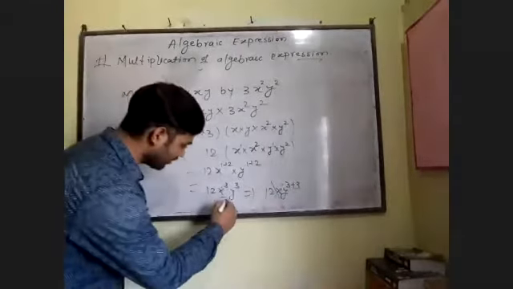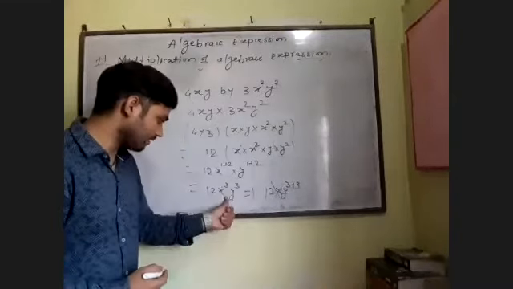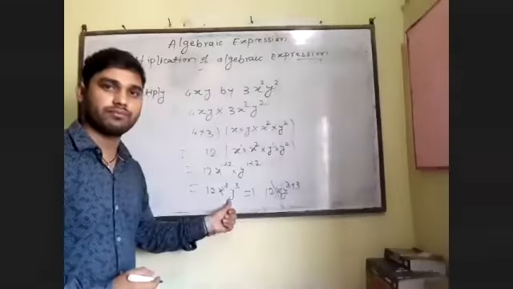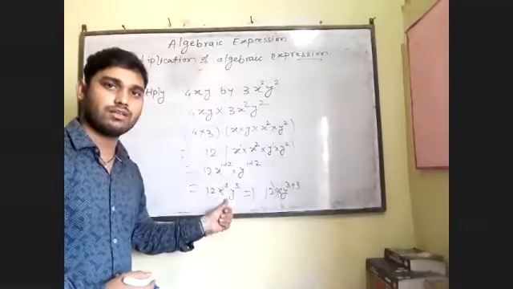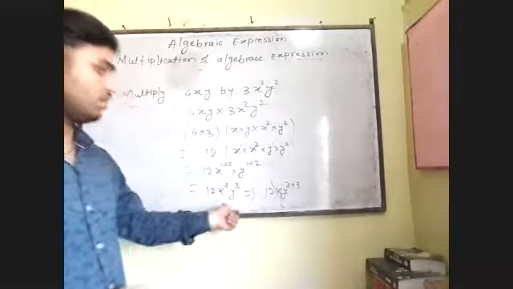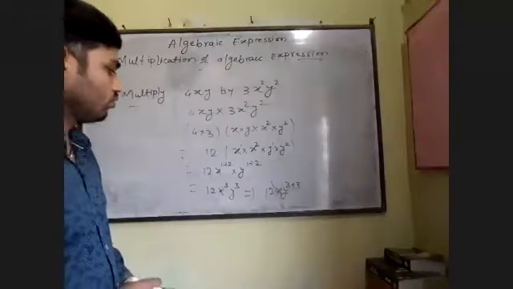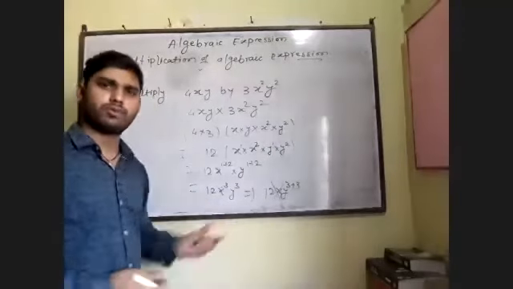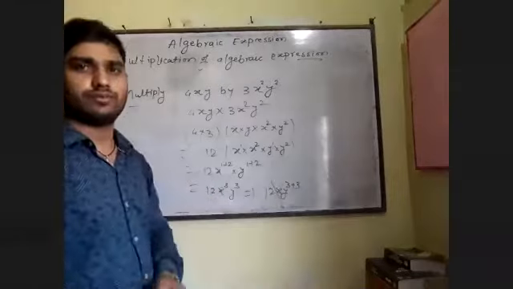Because here the bases are not equal. It is x, it is y, so both are not the same. That's why we have to leave it here. We will study all the properties in that chapter.